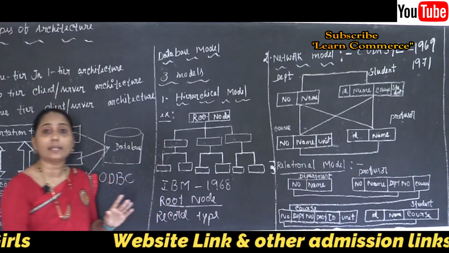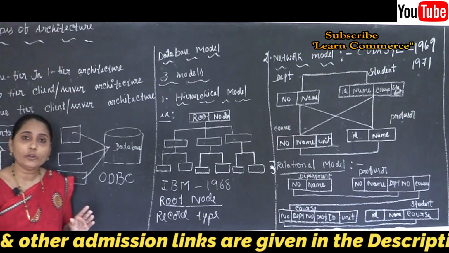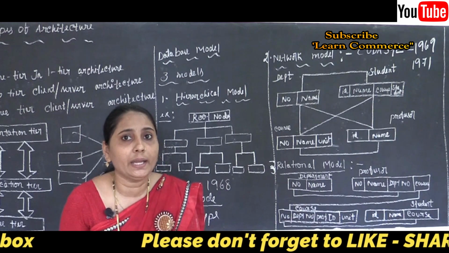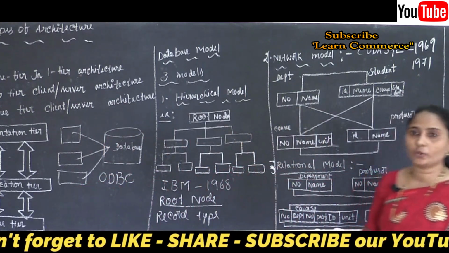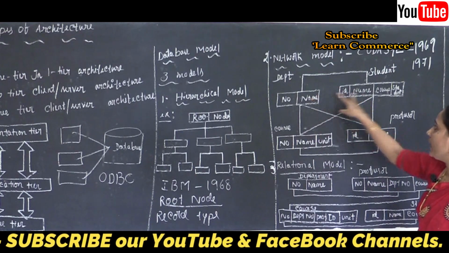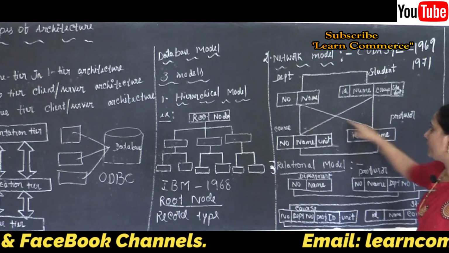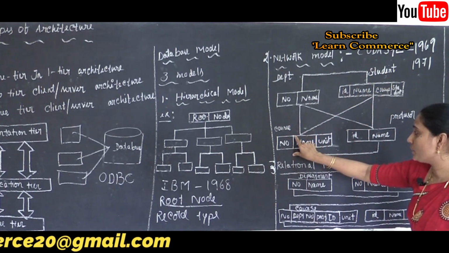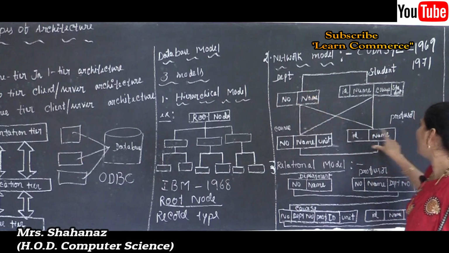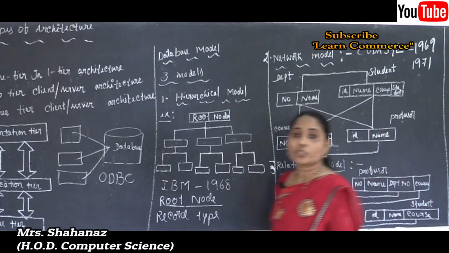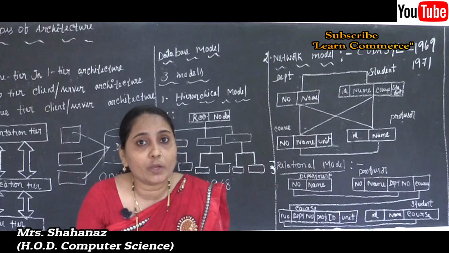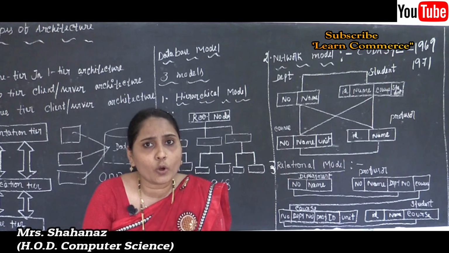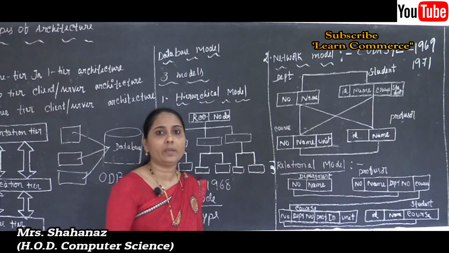The main drawback of the network data model is that it can be quite complicated to maintain all the links. Here many records are there, and from one record to another I connected by name, from student to course name, or maybe department to professor name. It can be quite complicated to maintain all the links, and any single broken link can lead to a problem in the database.